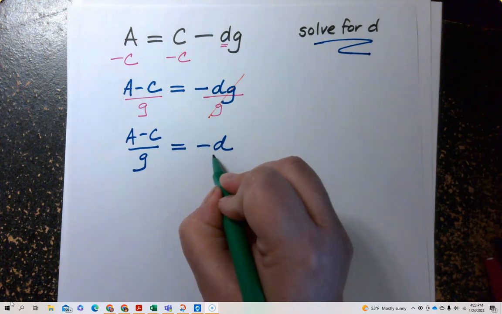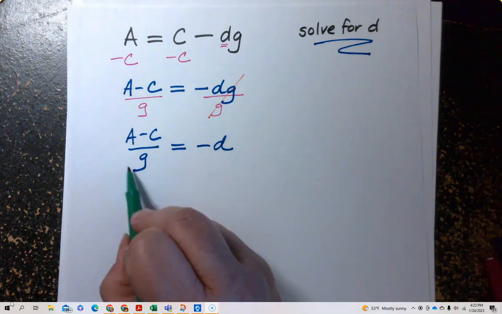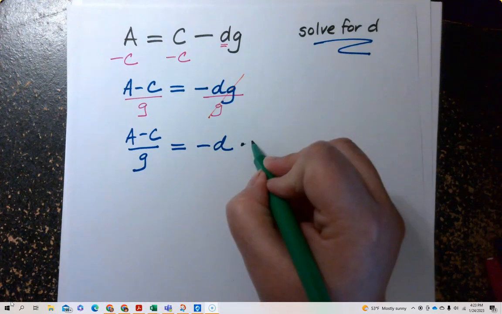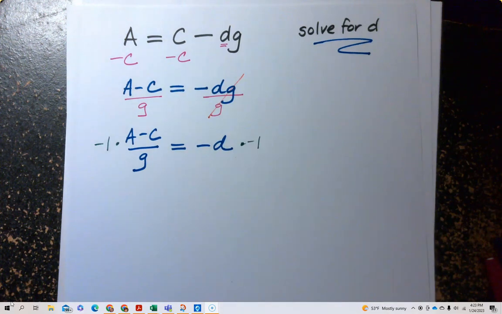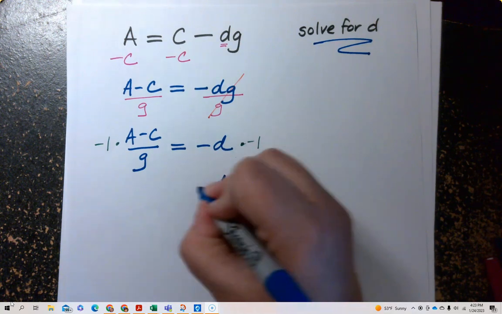Either way it works. It's just that I don't want to confuse you with, over here we have a fraction when we divide it by negative 1. But let's multiply by negative 1 first. Okay, and then on the right it's going to be d. This is really the same as dividing by negative 1, because, let's talk about why.